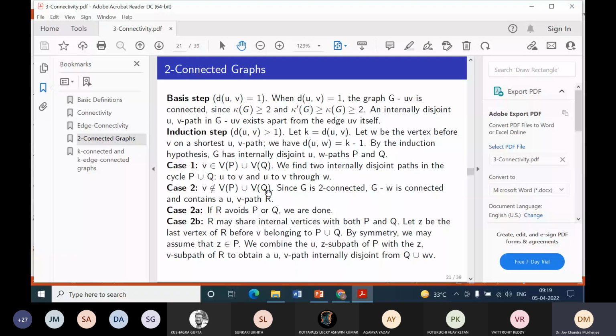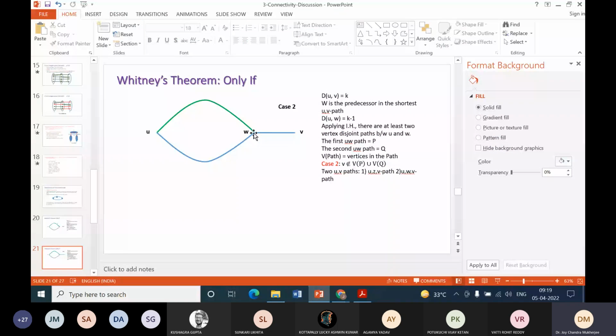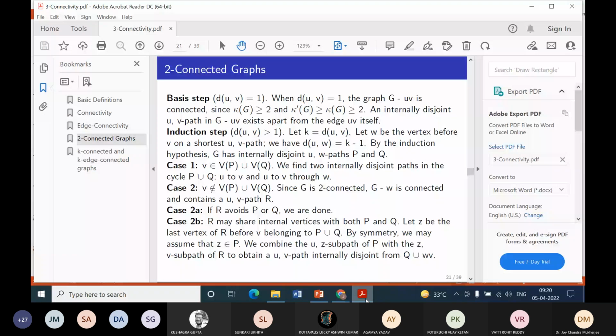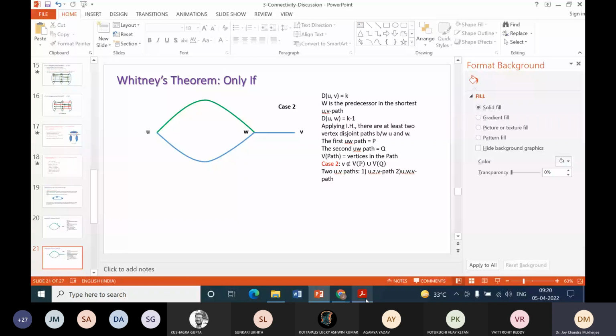Since G is 2 connected, G minus W, अगर मैं W यहाँ से delete कर दूं, then also U and V won't be disconnected because it is a 2 connected graph. If I delete W, it will remain connected. U and V will remain connected. Now what can that be? So that means there is a path between U and V, and that path could be like this.